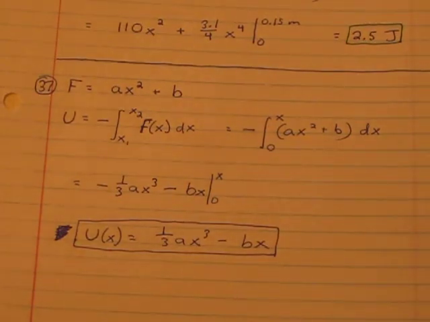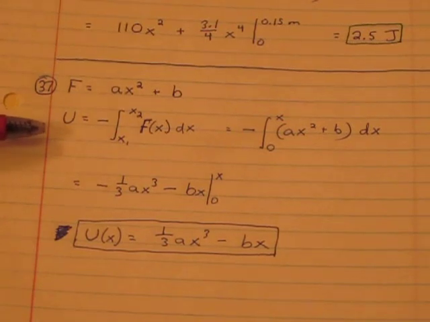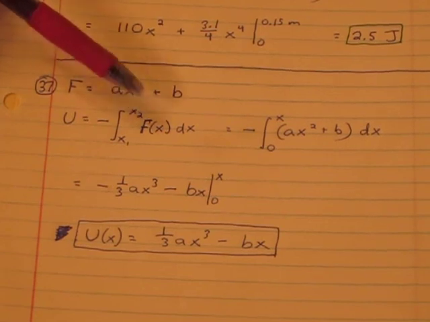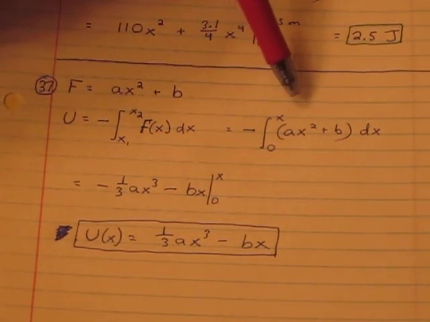Number 37. A particle moves along the x-axis under the influence of that force. Find its potential energy as a function of position. So we start with F equals ax squared plus b, as given in the book. Potential energy is the negative of that integral, just as with the last problem. Instead of F of x, we plug in ax squared plus b.